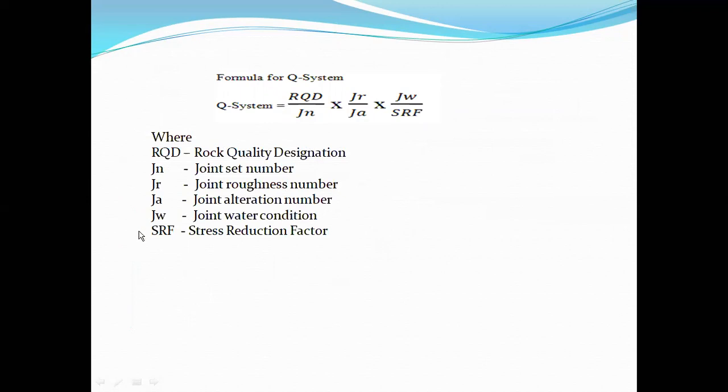So this is how the 6 parameters are related in the form of a formula. Where RQD is rock quality designation, JN is joint set number, JR is joint roughness number, JA is joint alteration number, JW is joint water condition, and SRF is stress reduction factor.